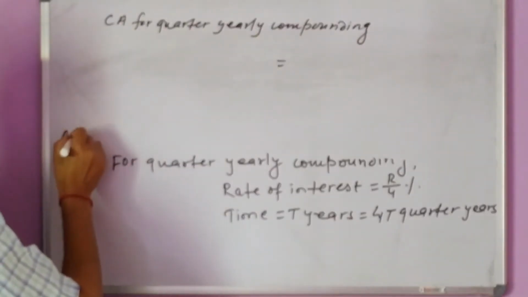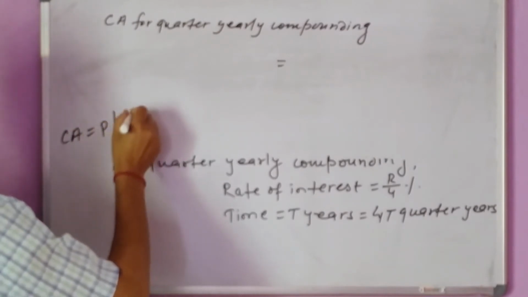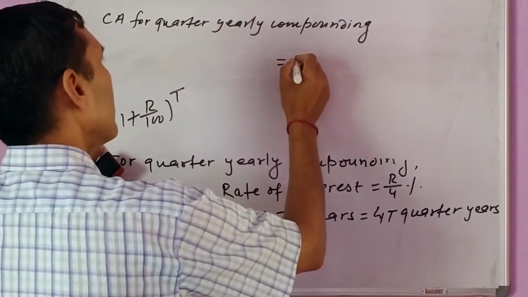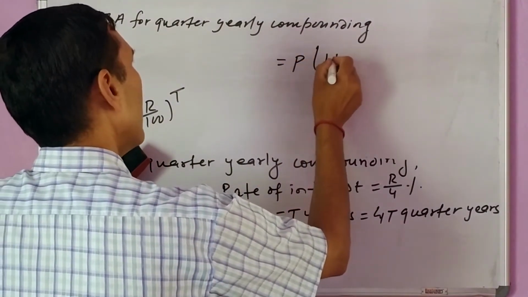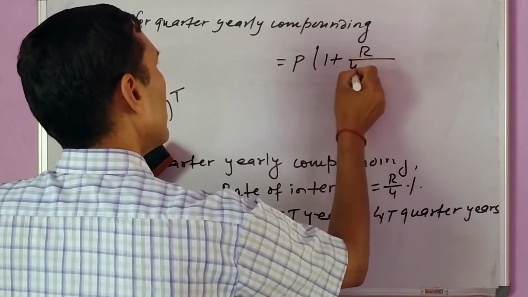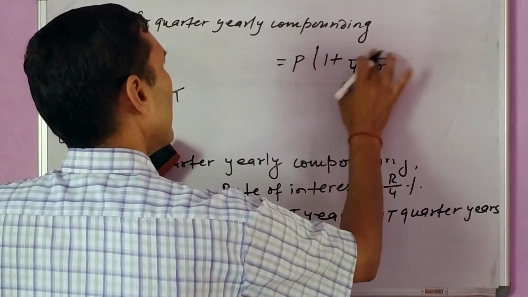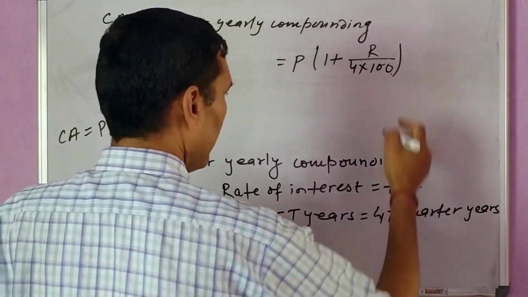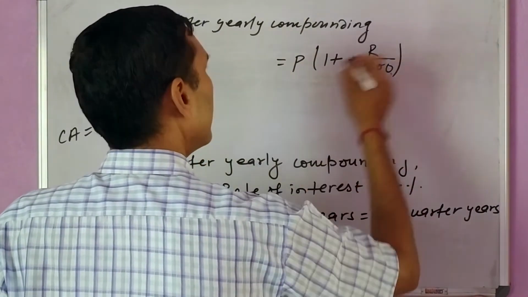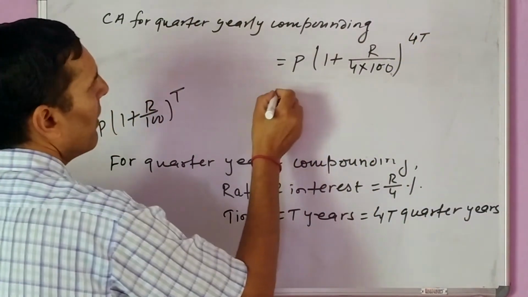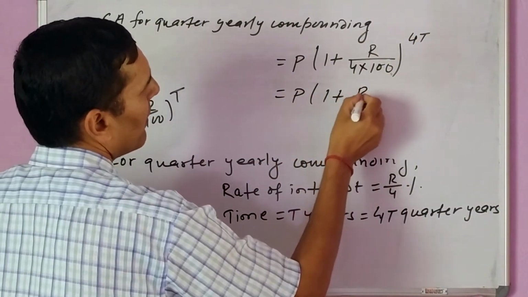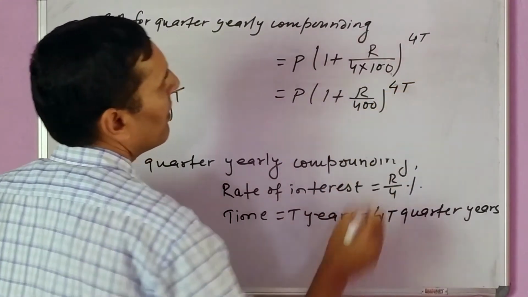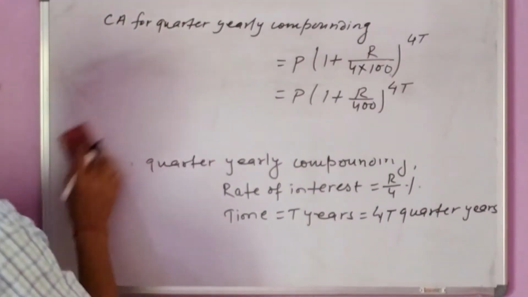Look here, the formula for yearly compounding is P times 1 plus R upon 100 to the power T. In this formula, replace R by R upon 4 and 100 as it is, and T by 4T. So it is P times 1 plus R upon 400 to the power 4T. This is the formula to calculate the compound amount for quarter yearly compounding.